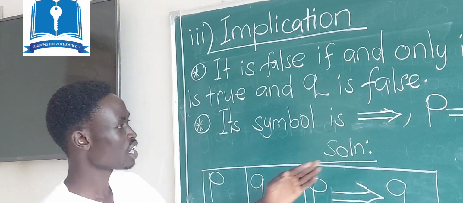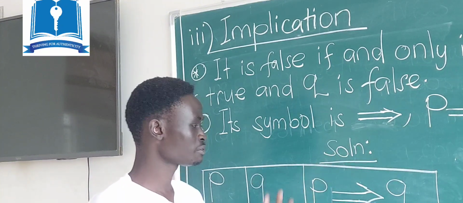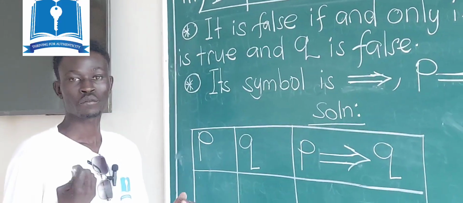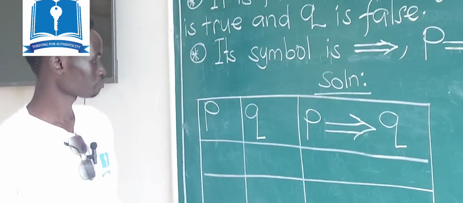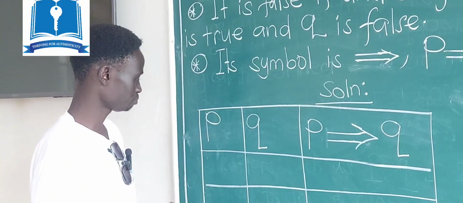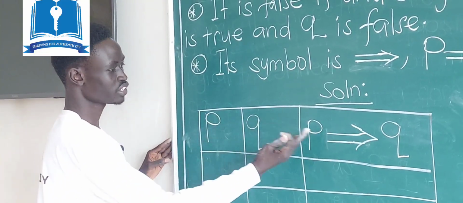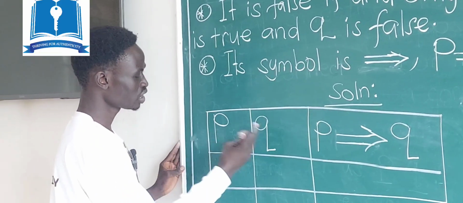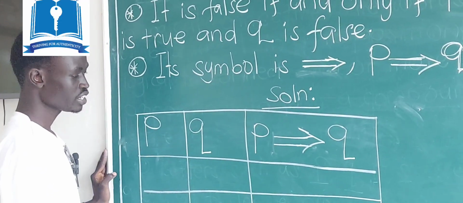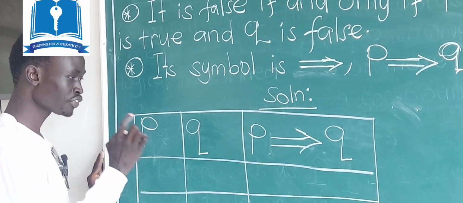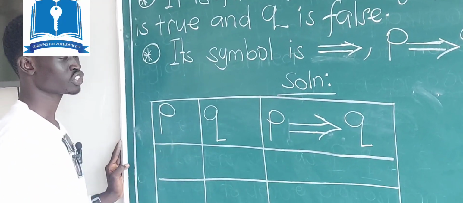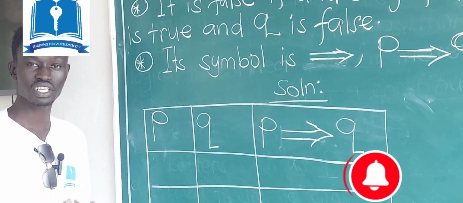Okay. So now how can we represent this in table form? As I told you in the previous connectives, since you are given only two letters, you just need to have three columns. Okay. The two letters separately, then plus the statement itself. Then for you now to get the rows, you use the exponential function, which is 2 raised to power n.